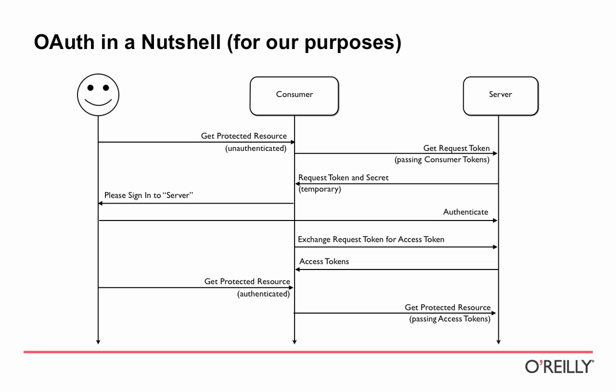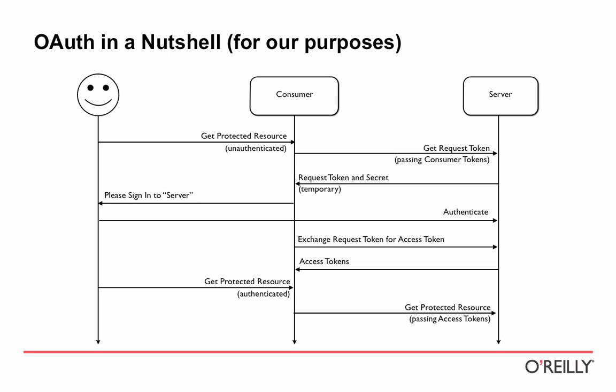So then Twitter will pass back the request token, which is this temporary set of keys to use during the authentication process before the user gets the access token assigned to them. So then, now that the consumer has the request token, it tells the user again to sign in through the server, and then the user authenticates on the server.